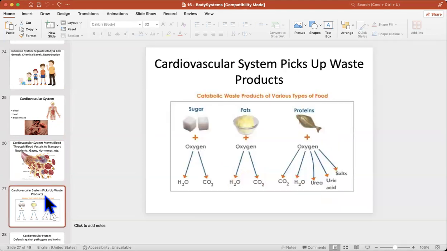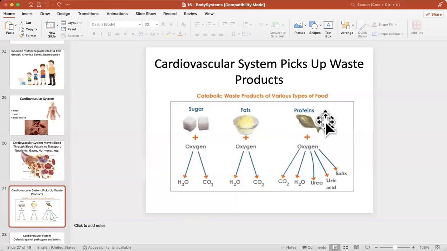Blood is a liquid. And when you digest nutrients, sugar after digestion, they produce ATP. We talked about cellular respiration. And then the byproducts CO2 and water will be carried by blood. And when you have fat, after it's been digested, you also have CO2 and water, still being carried by blood.